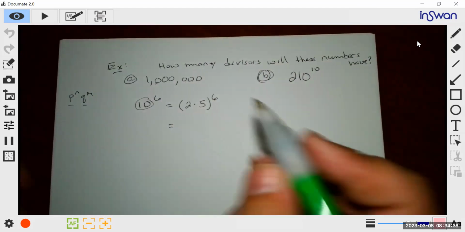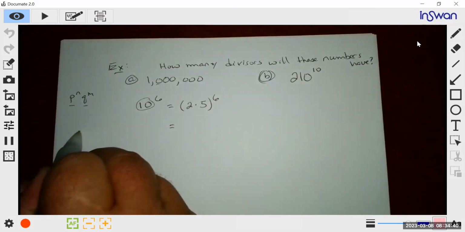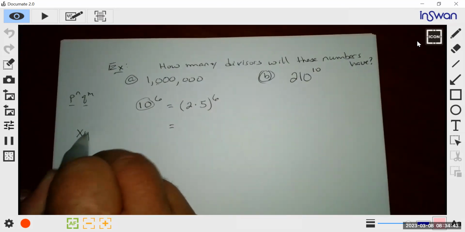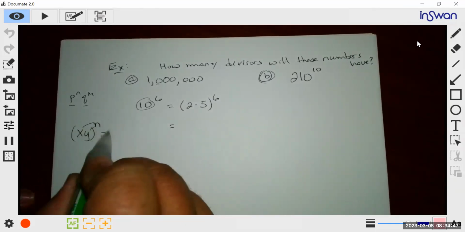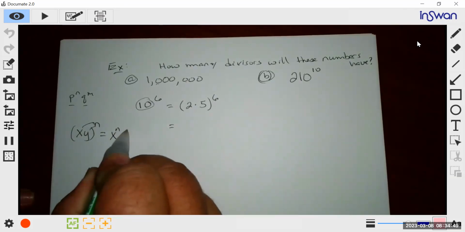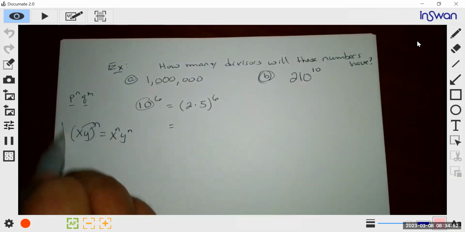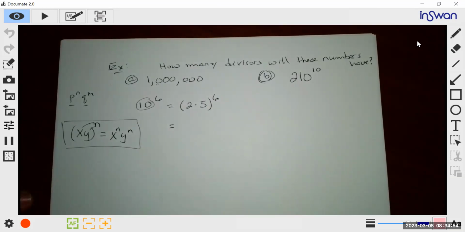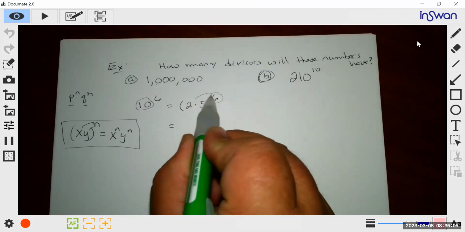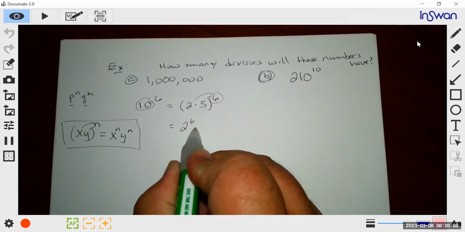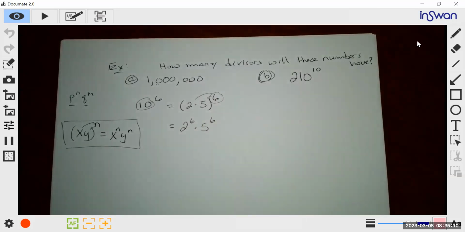One of the rules of exponents: if you have a product raised to a power, you can just distribute that power to everything inside. So this power goes to both 2 and 5.